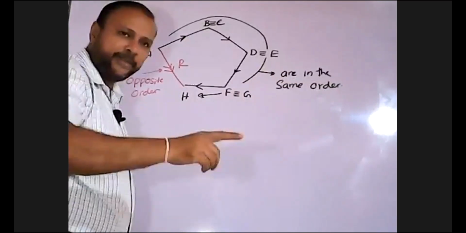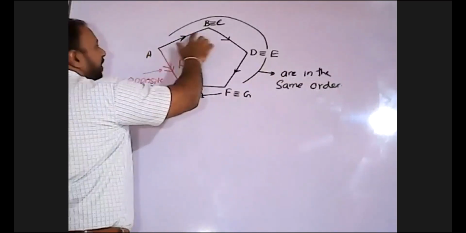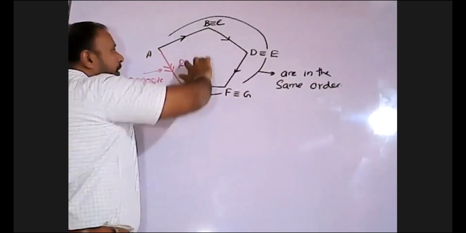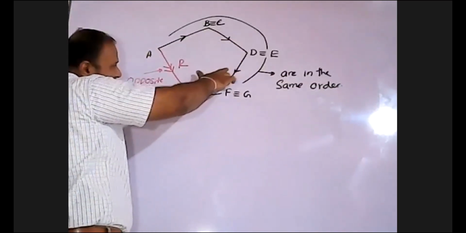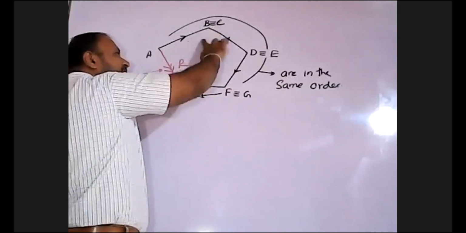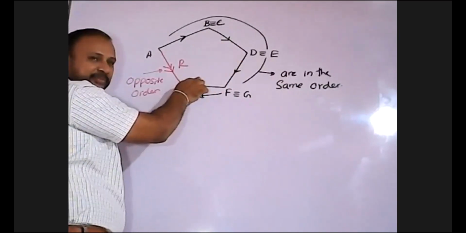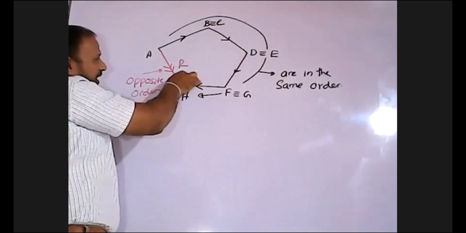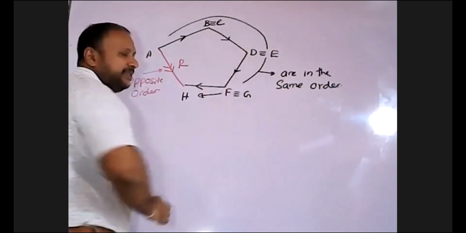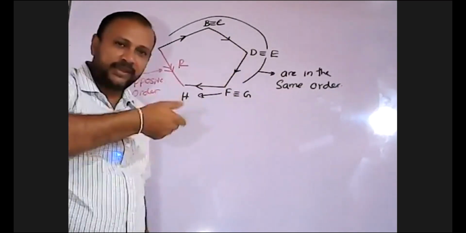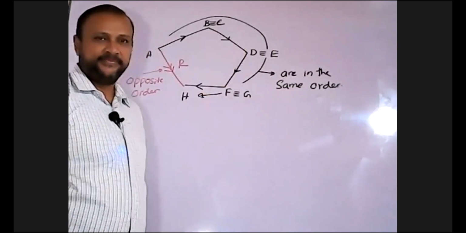But order means, if I coincide these, all the vectors are rotated in one direction, clockwise or anti-clockwise. That is the order.